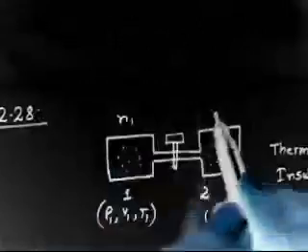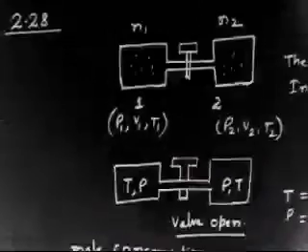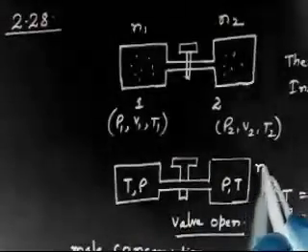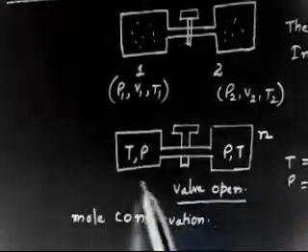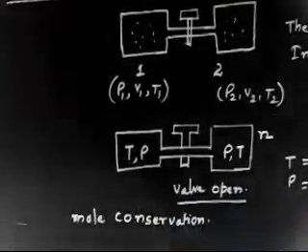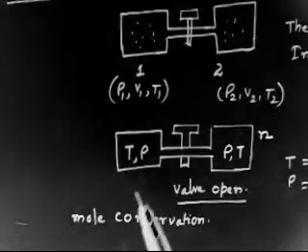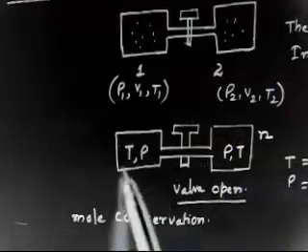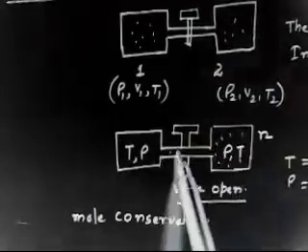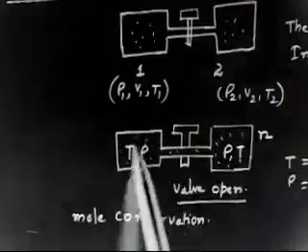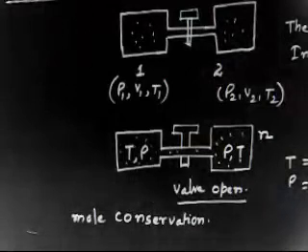So let us say this side we have moles N1, this side N2, and finally let us say the moles are N. What will be the final volume for this system? V1 plus V2, because this is V1, this is V2. Now gas molecules are free to occupy any part of this vessel.